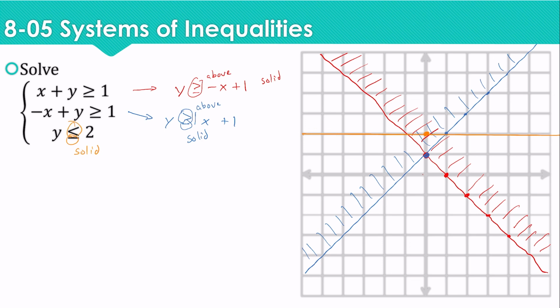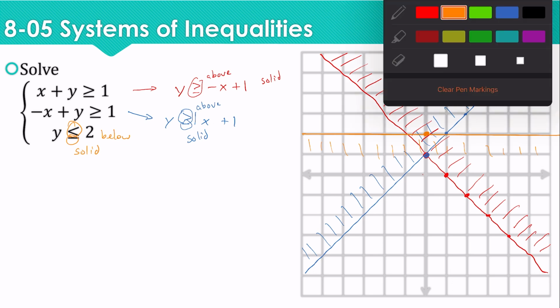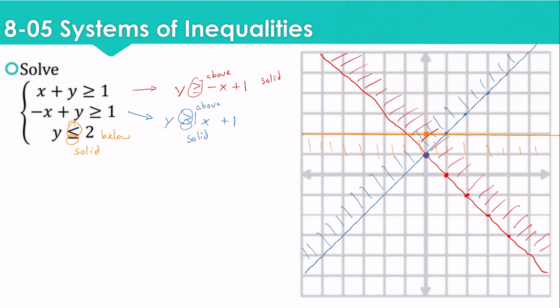And it's less than, so we're going to shade below. And so our answer, let me change the color again, maybe to a highlighter, is the place where all three are, which happens to be this little triangle. That is the only place where all three inequalities are shaded.